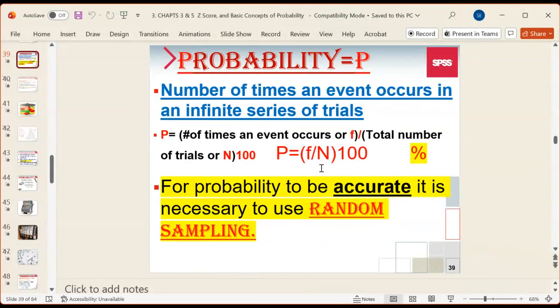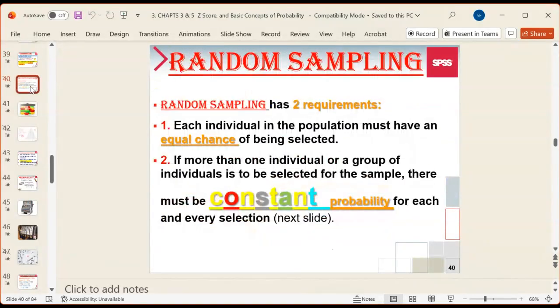For probability to be accurate, it is necessary to use random sampling, and you should know about random sampling. Random sampling has 2 requirements. Read them in your PowerPoint.